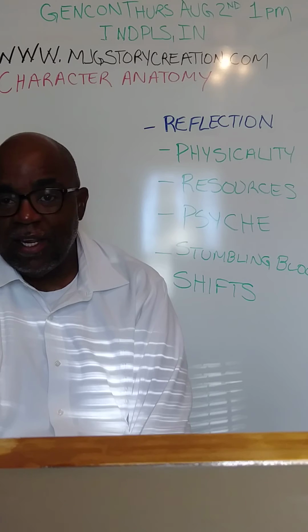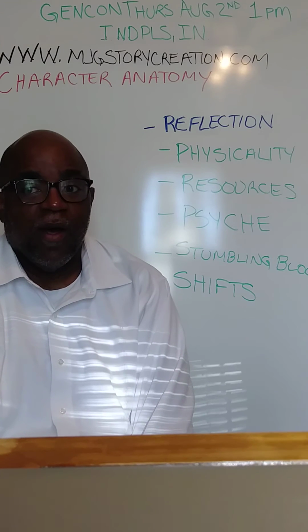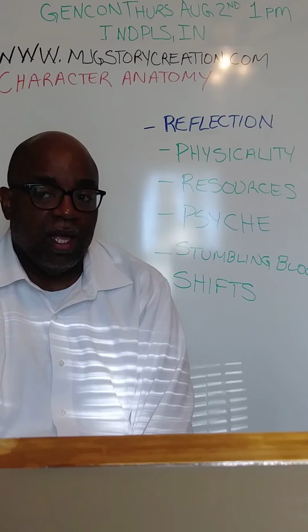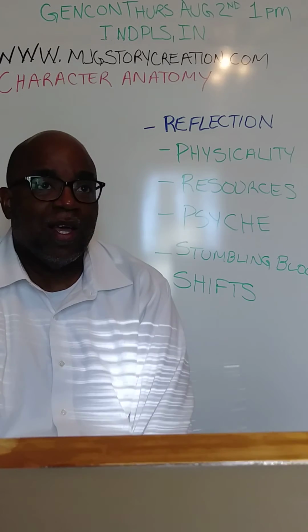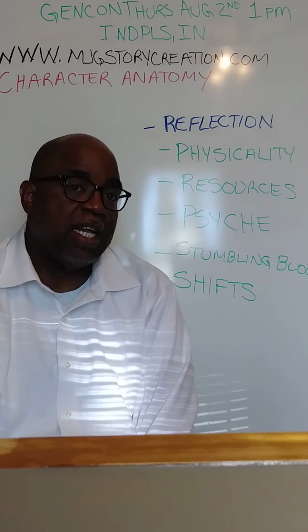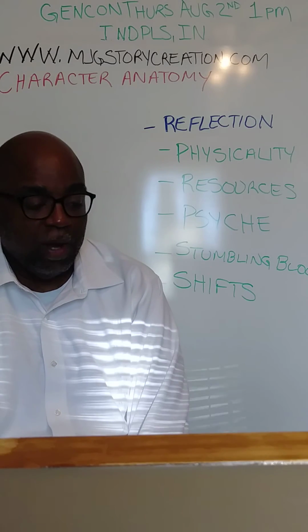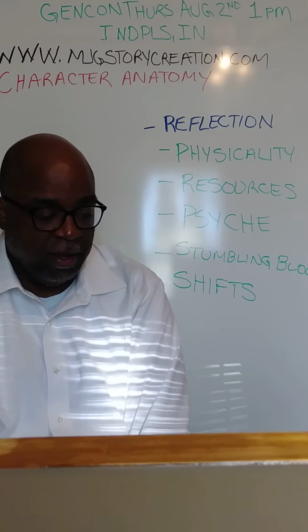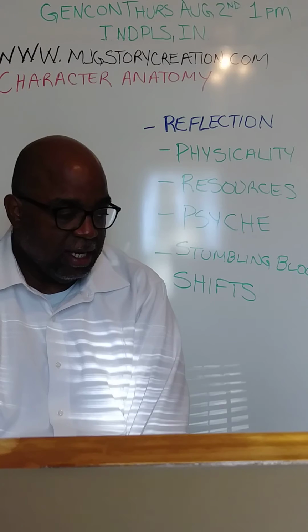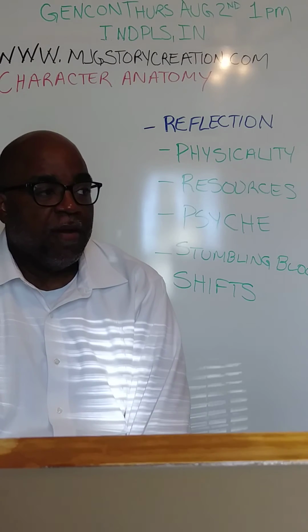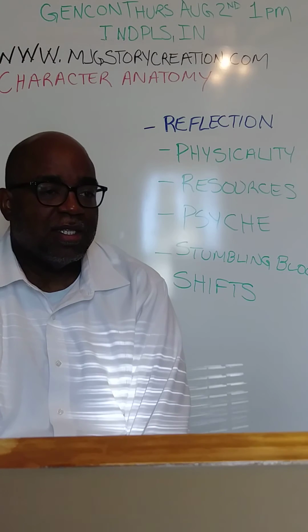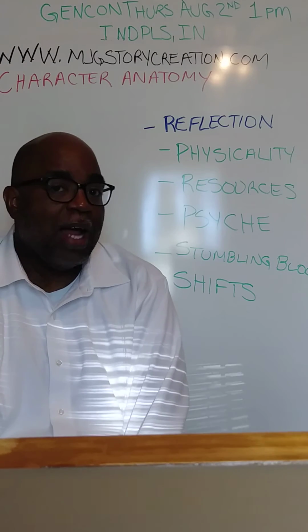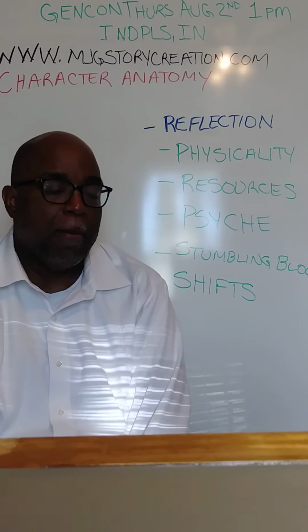the personality defect, if you will, that stands in the way of the protagonist reaching their goal, and not just protagonist, character. What stands in the way of that from a personality standpoint, from an "I just don't get it" standpoint, from an "I don't work well and play with others" standpoint.